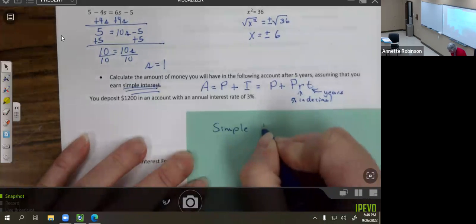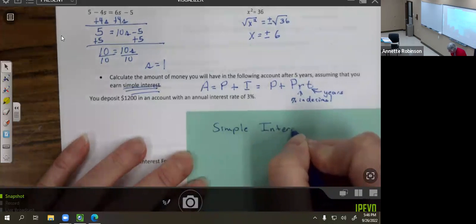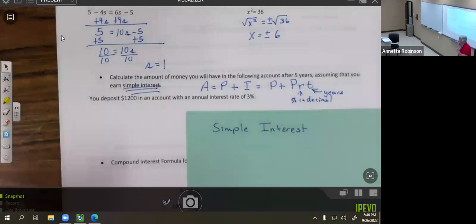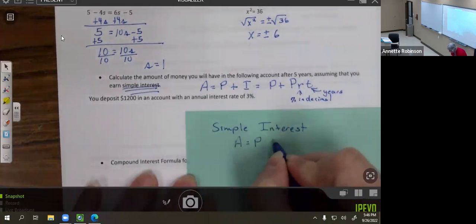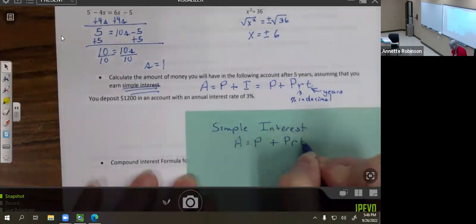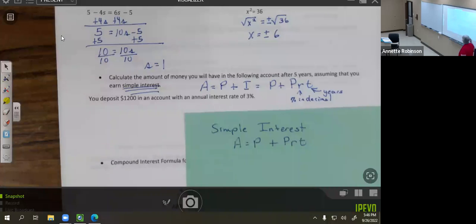With simple interest, you only receive interest when you're drawing it out, one time only. They calculate it one time only and give it to you. And the formula you probably want to keep in mind there is the principal plus your interest, which is the PRT. So that's simple interest.